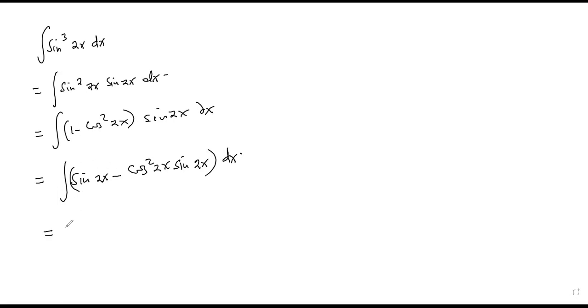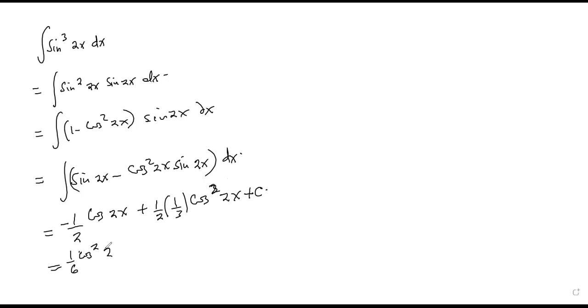When you integrate this, it is going to be negative a half cos 2x, plus a half and a third, because this would be cos cubed, so a third cos cubed 2x, plus a constant of integration, which can be written as 1/6 cos cubed 2x minus a half cos 2x plus a constant of integration.